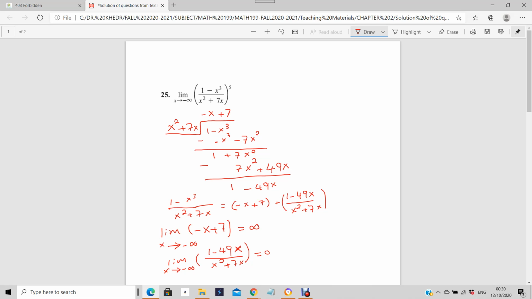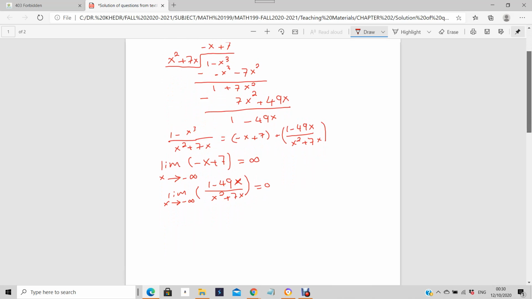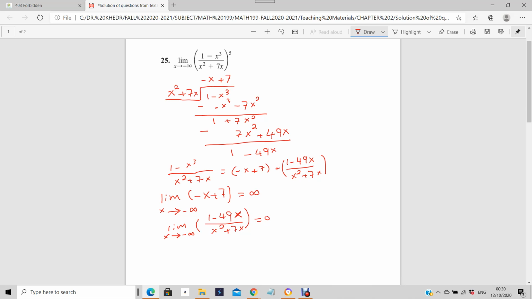So in this case, the limit of this rational function is equivalent to infinity. So we will say the final answer here, the limit as x goes to minus infinity of this function, 1 minus x to the power of 3 divided by x squared plus 7x, all to the power of 5, equals infinity to the power of 5, that is infinity.